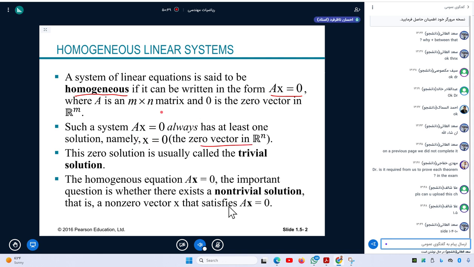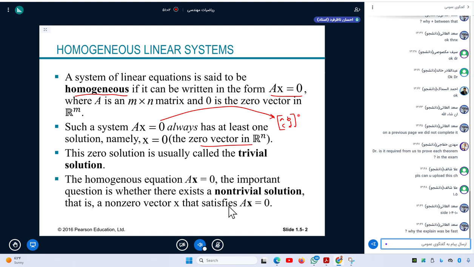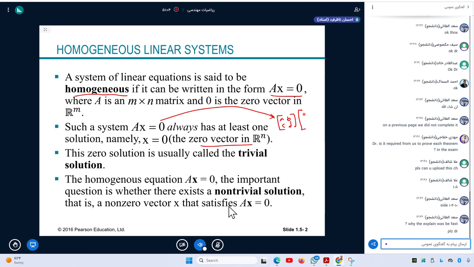I'm not talking about the zero number. Because this is a matrix, for instance A, B, C, D, and this has to be a vector, so 0 by 0.